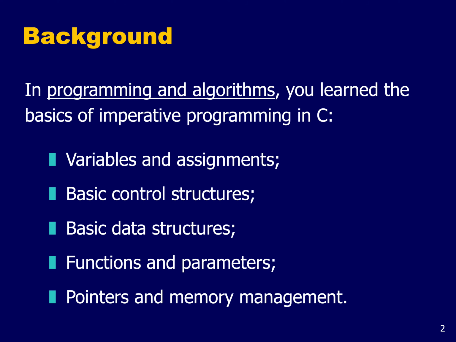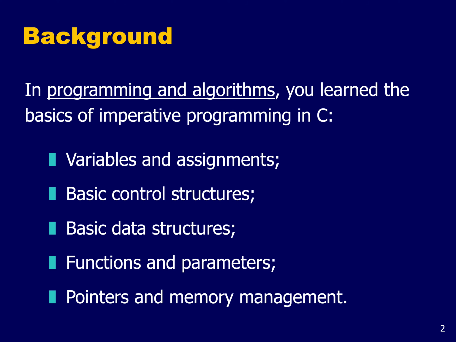You've also learned about some basic control structures: conditionals, various forms of loops, while loops, for loops, and so on. You've learned about basic data structures, in particular programming with arrays.